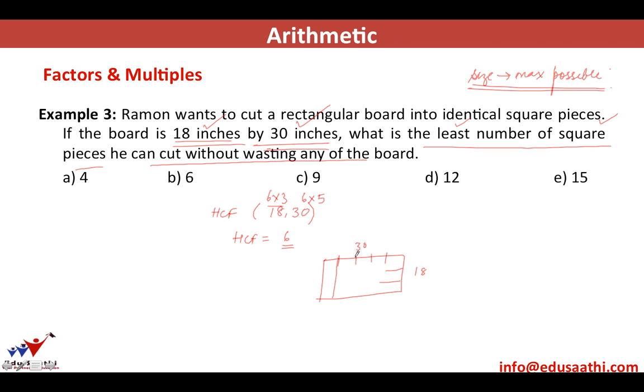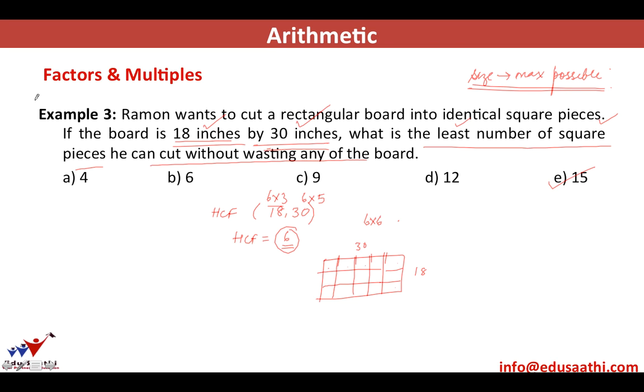So there will be so many square pieces with the size of 6 cross 6. 1, 2, 3, 4, 5 and 3. So I'll have 15 pieces that I can cut out without wasting any of the board.